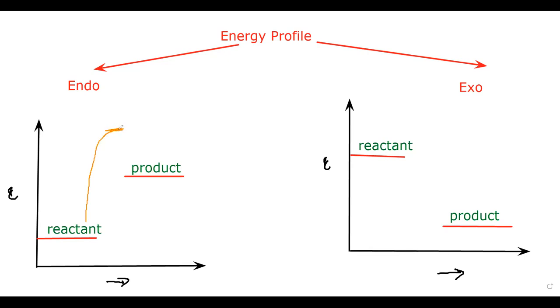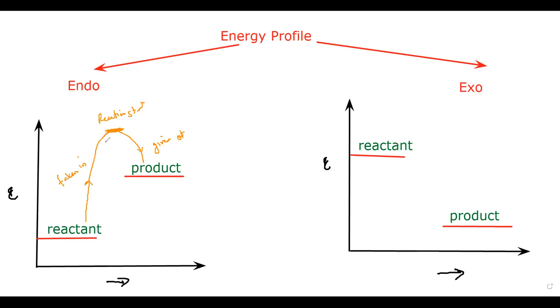For example, this is a position where the reaction starts, and the moment the reaction starts, the energy will be released to the surrounding, but you can clearly see that the energy which is taken in is more than the energy which is given out. So when we calculate the overall energy, a greater amount of energy is taken in and a small amount of energy is released.